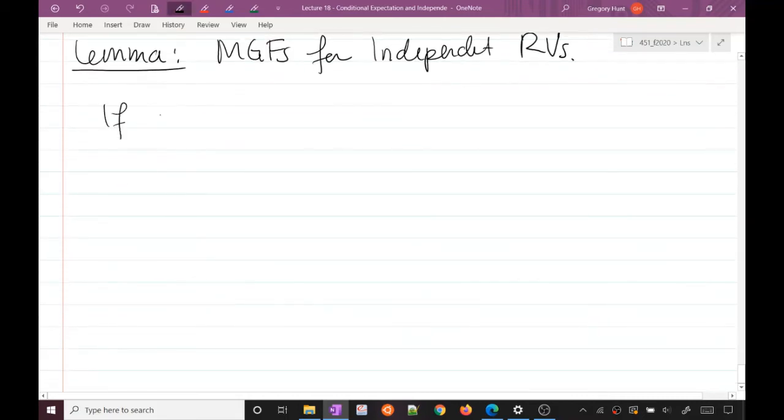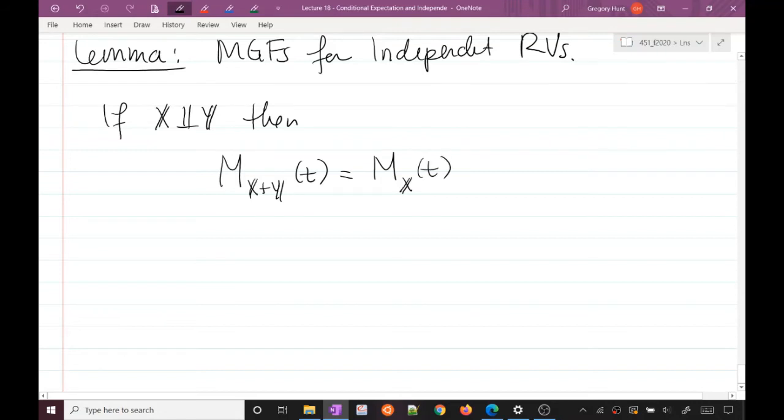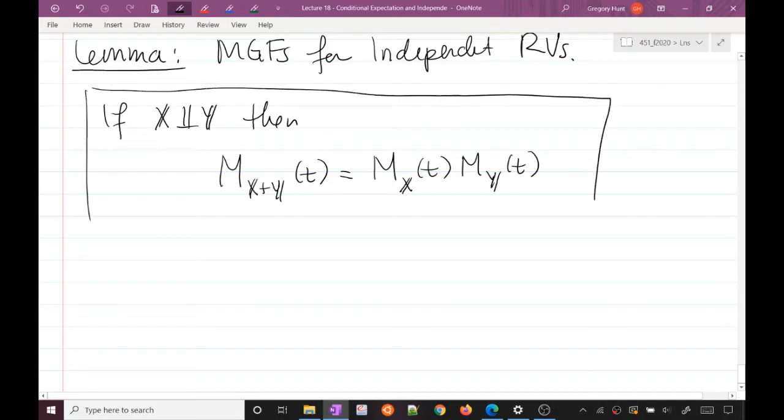So if x is independent of y, then it turns out that the moment generating function of, let's say, x plus y at some value t is going to be just the moment generating function of x at t times the moment generating function of y at t. Let's put a box around this.